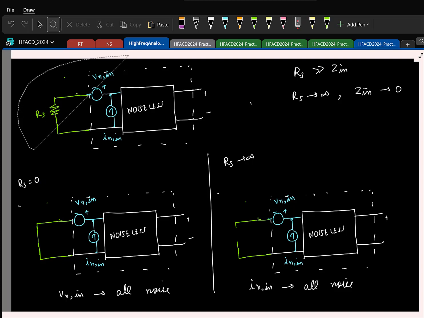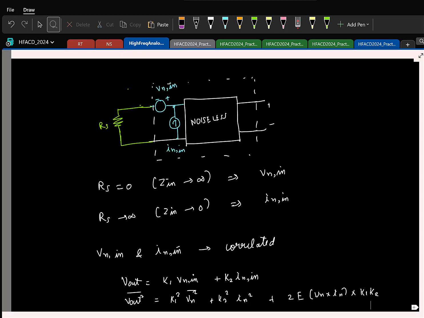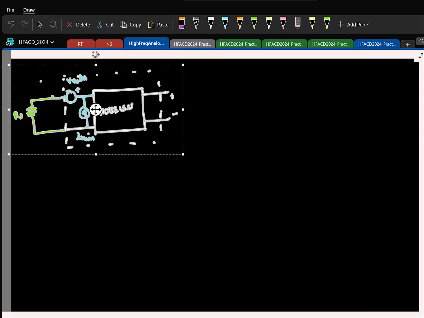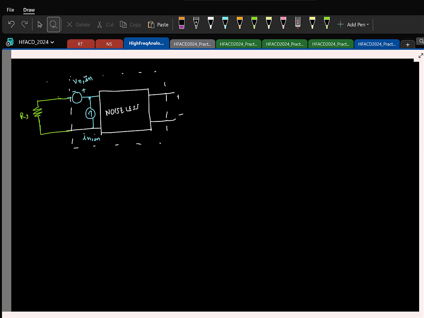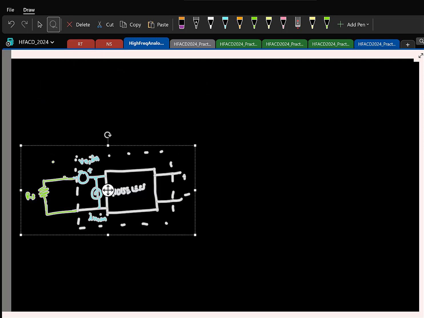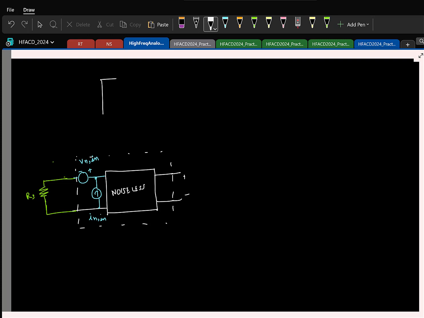So let me copy this. This is the model. I'll take my original noisy network, right? So here also I'll have Rs.